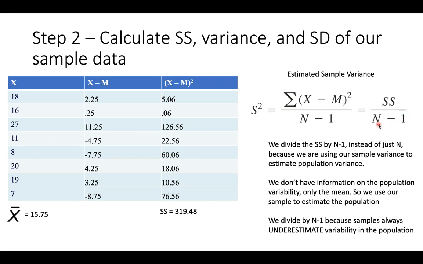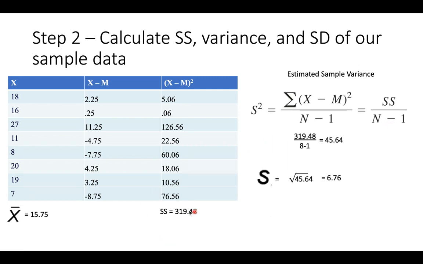And so because of that estimation, we need n minus 1 instead of divided by n. But to do the math, you don't have to understand that. So if that doesn't quite stick right now, don't worry about it. Let's just learn the steps and learn the math, and then you can go back and try and figure out the sort of the theory behind why we need n minus 1.